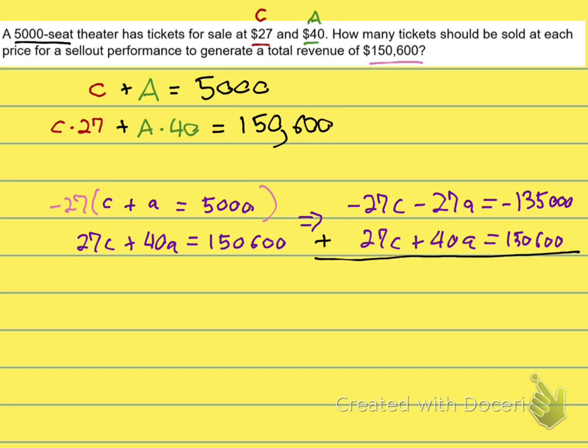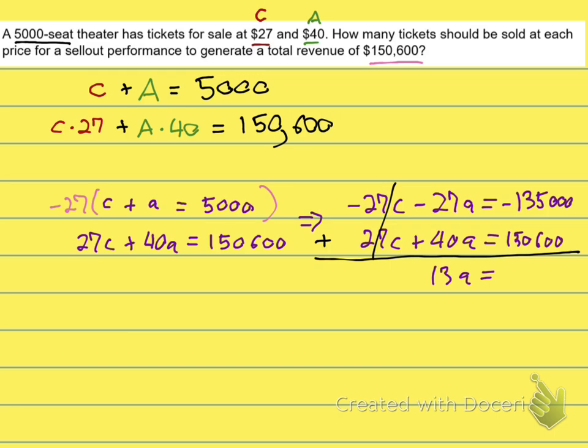All right, now let's do our addition, elimination. We'll add them up. And you can look up some videos if you need help with that. Negative 27C plus 27C, I've eliminated the variable C. Now I have negative 27 plus 40, which is going to give me 13A.